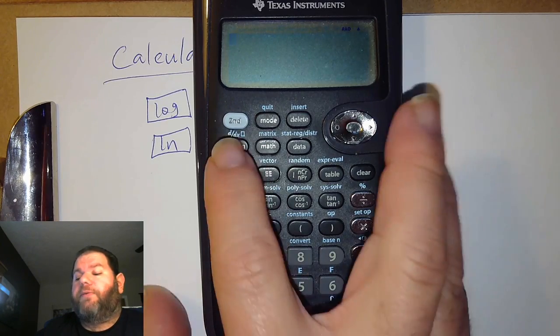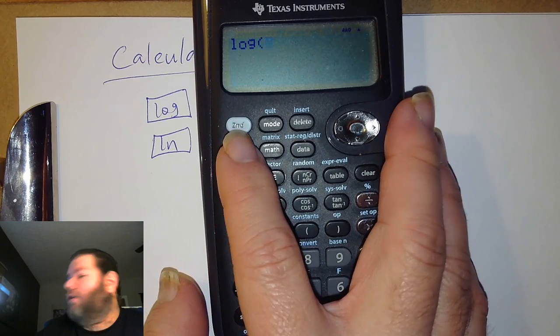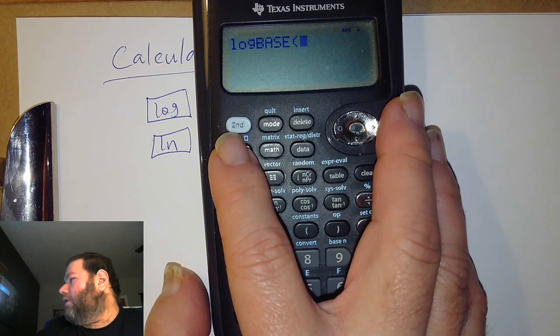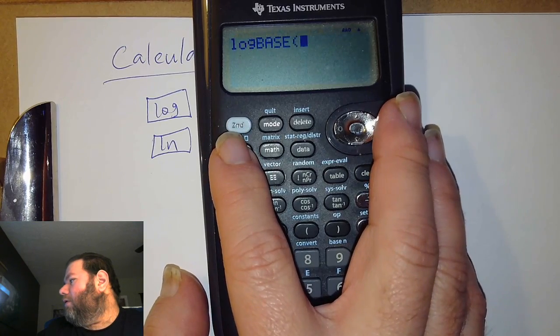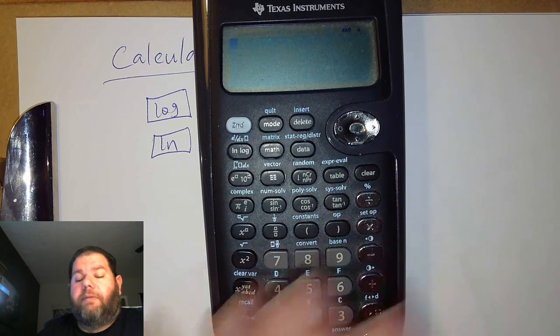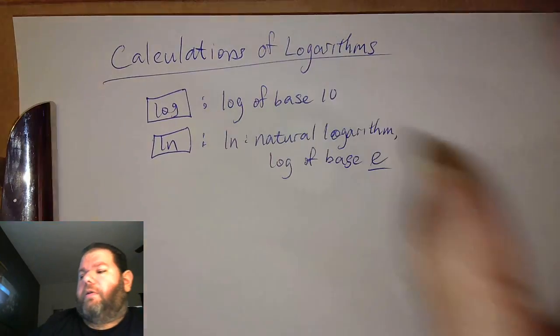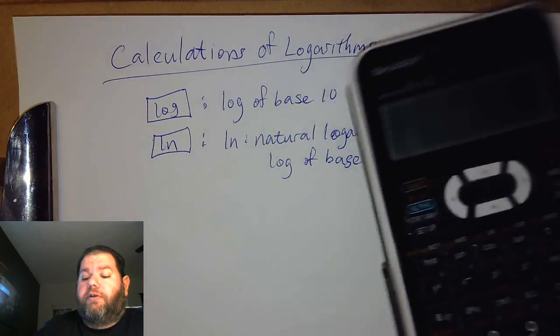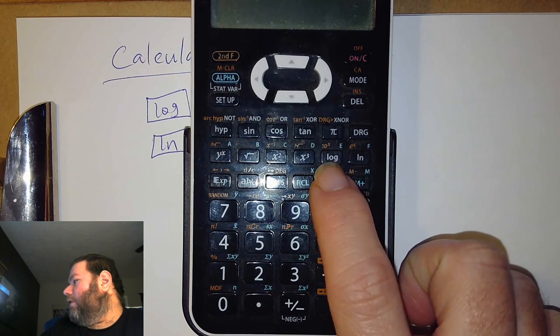So if I press it once, it brings up ln, but if I press it again, it brings up log, and it cycles between them. Most calculators do have two separate buttons. You can see this one has two separate buttons for log and for natural log.